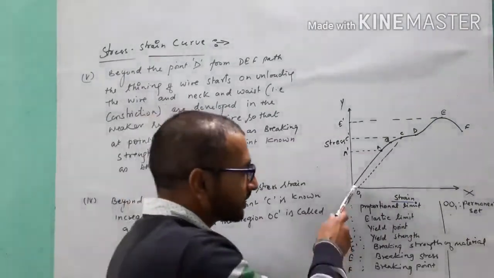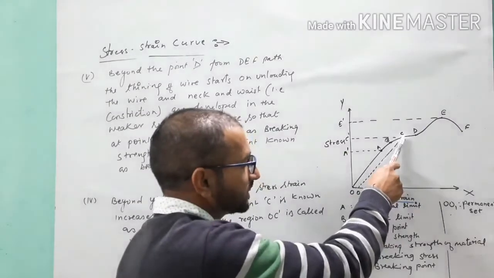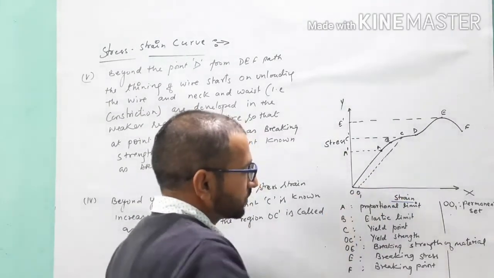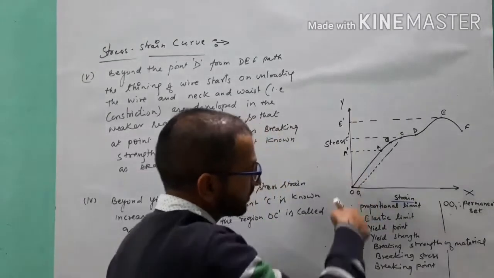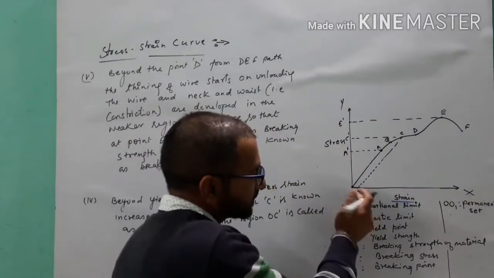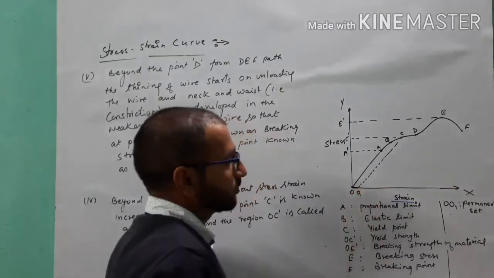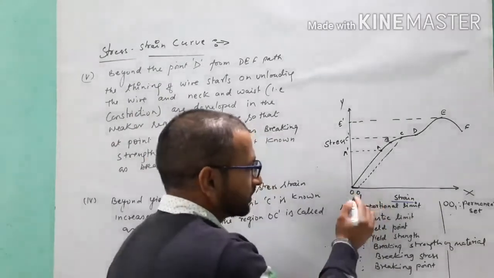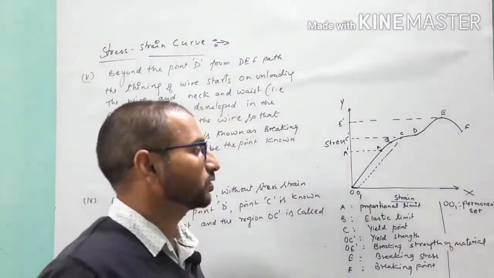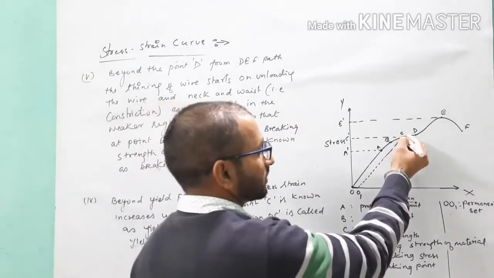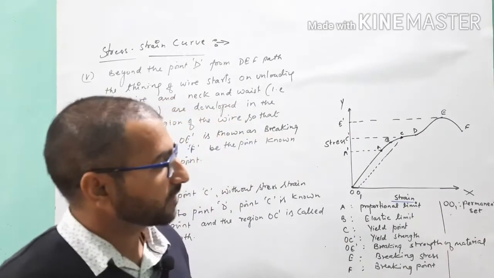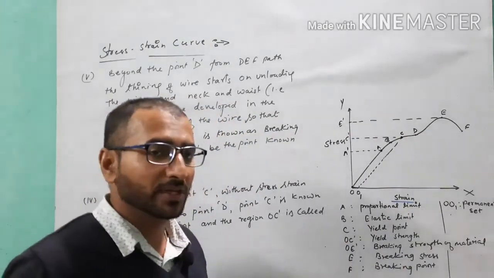It means at 0 value of stress, on the y-axis the value of strain is OO dash. Point clear? This region is known as the permanent set region, and here the wire represents plastic behavior.